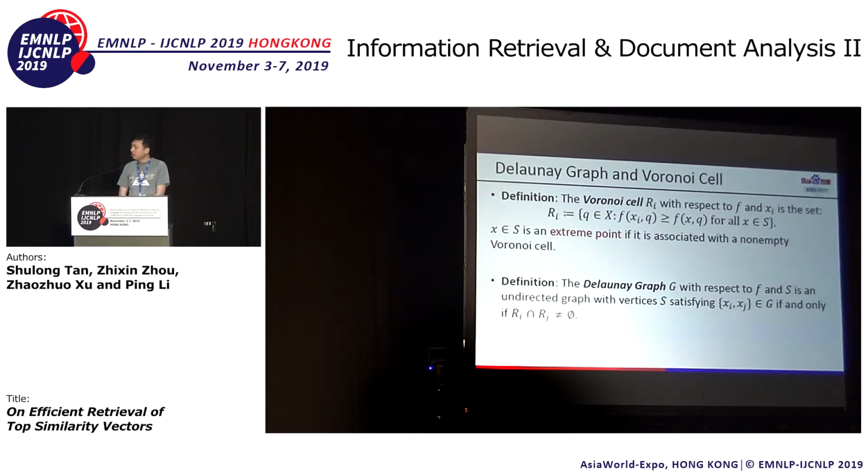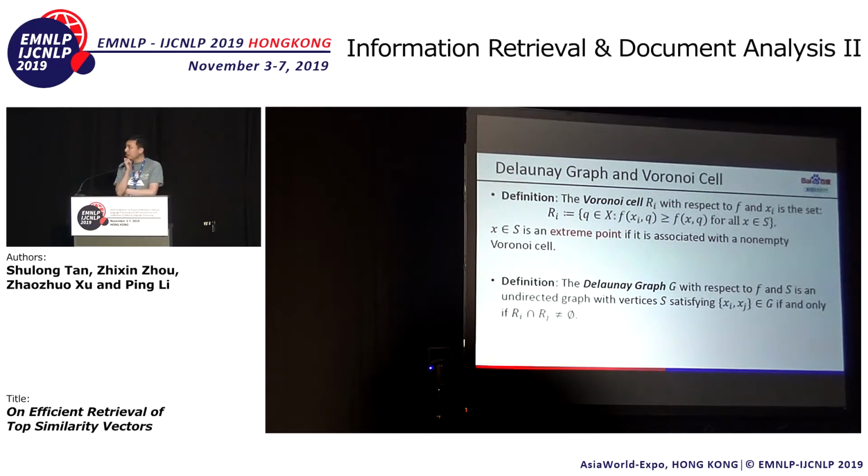Now I would like to introduce some math definitions, but they should be very simple. First, the Voronoi cell. If a query drops into this region R_i, then the optimal vector we would like to return would be x_i, which corresponds to this Voronoi cell.